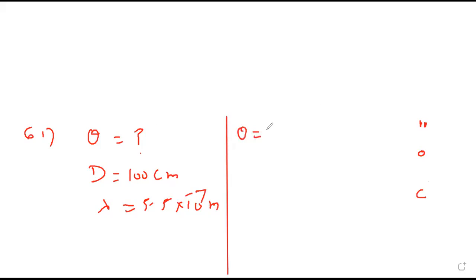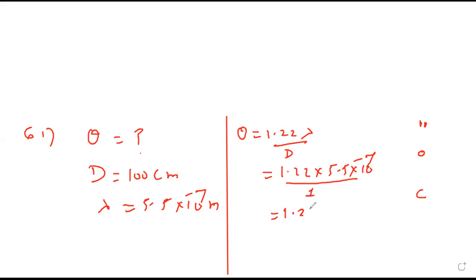So theta equals 1.22 lambda upon D. This will come in radian, which we have to convert as per the given option. So 1.22 lambda is 5.5 into 10 raised to minus 7, 100 centimeter means 1 meter. I'm writing this as nearly 1.2 into 5.5 into 10 raised to minus 7. Answer will come in radian. 12 into 5 is 60, so 6.6 into 10 raised to minus 7 radian.